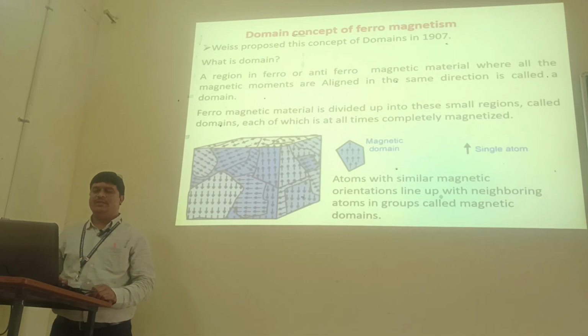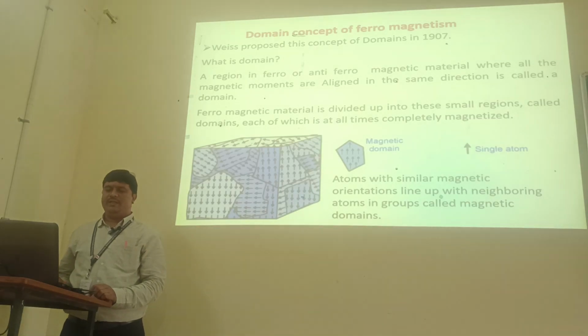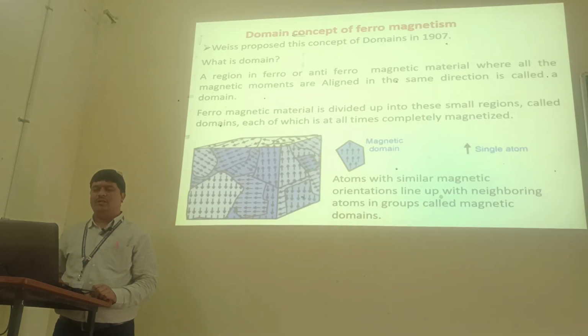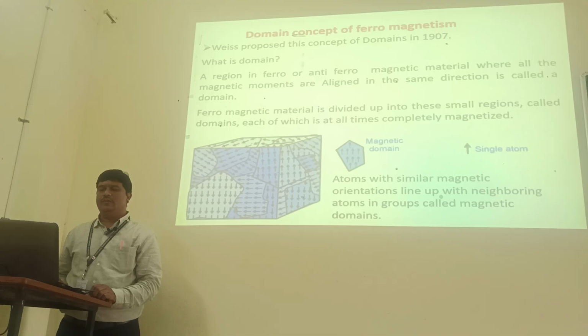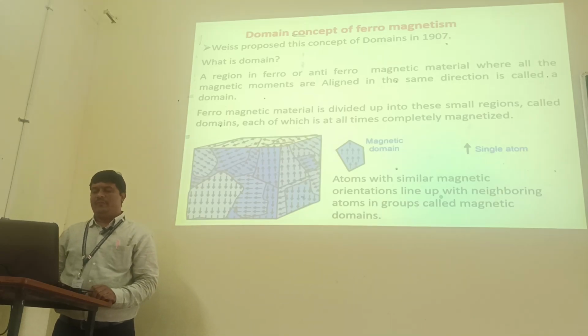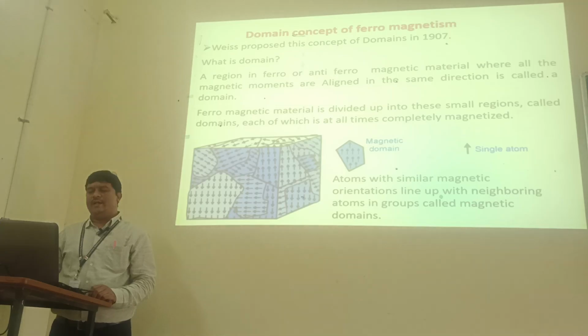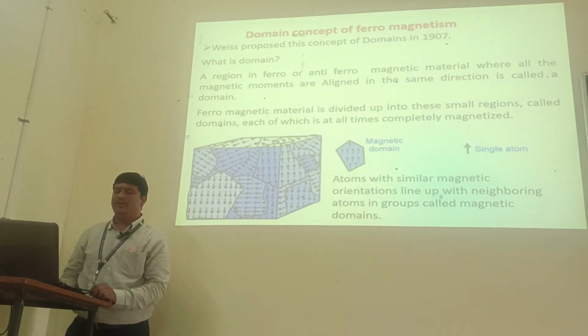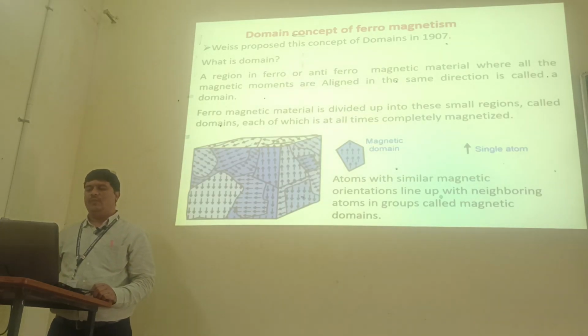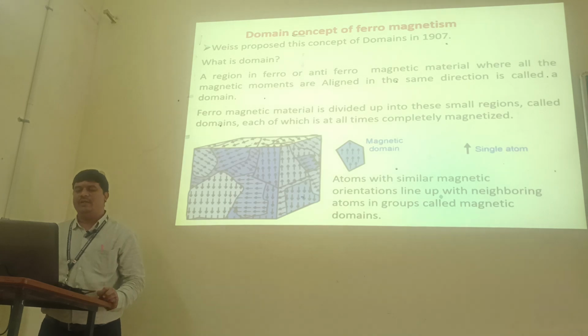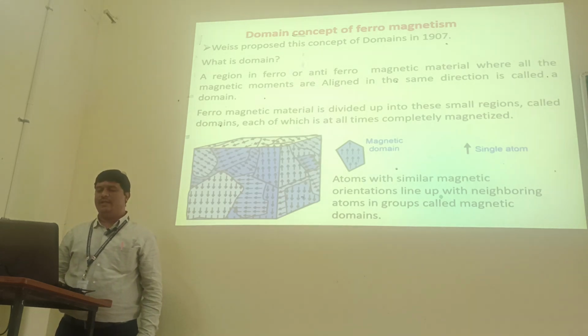Ferromagnetic material is divided into these small regions called domains, each of which is at all times completely magnetized. So atoms with similar magnetic orientation line up with neighboring atoms in groups called magnetic domains, as shown in the figure.